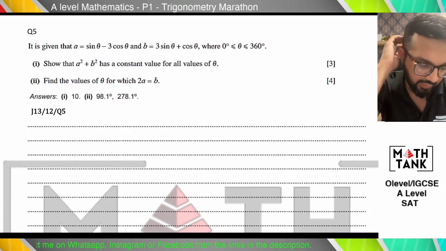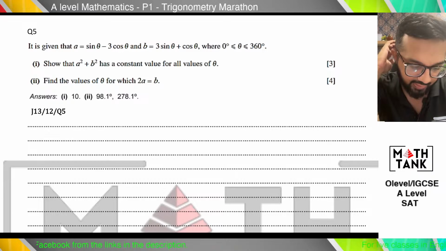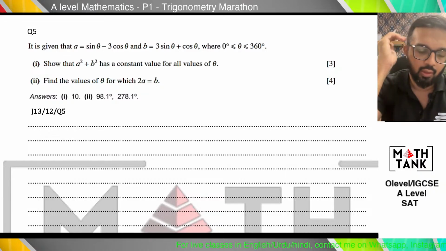Question number 5 says it is given that a equals sine theta minus 3 cos theta and b equals 3 sine theta plus cos theta, so that a square plus b square has a constant value for all values of theta.